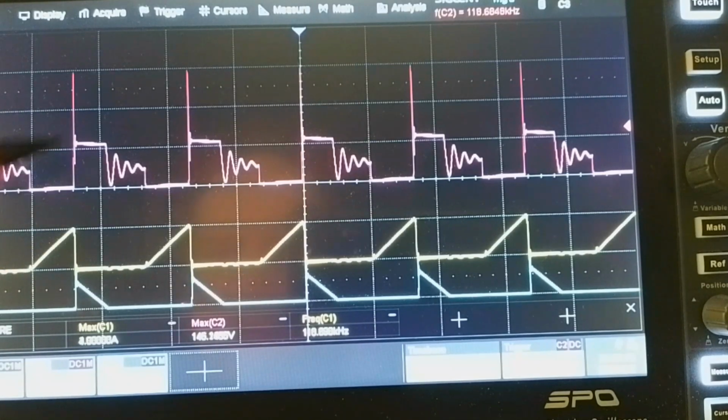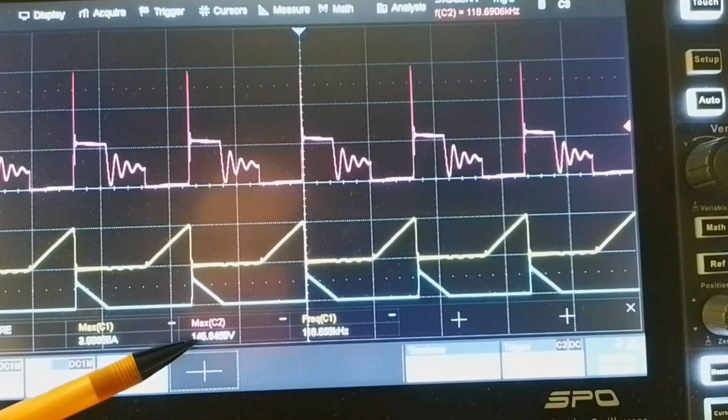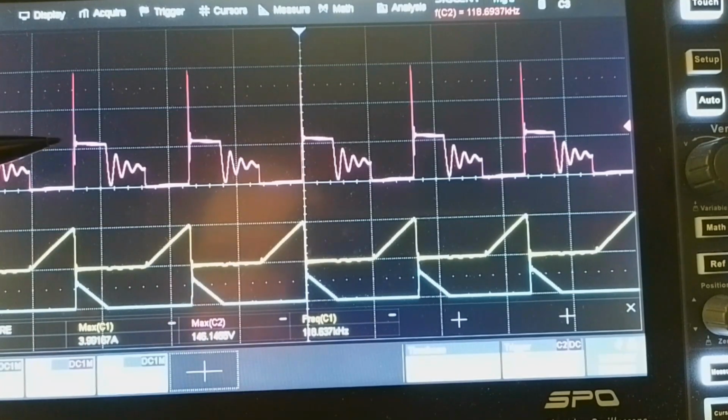We have a high voltage spike, which is a little bit less than 150 volts, and it goes down here, which is input voltage plus the voltage which is generated from the secondary side to primary side.